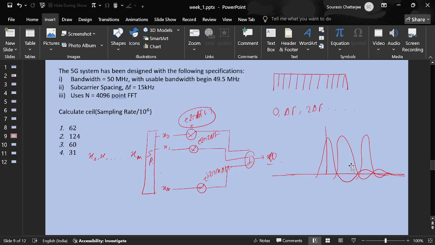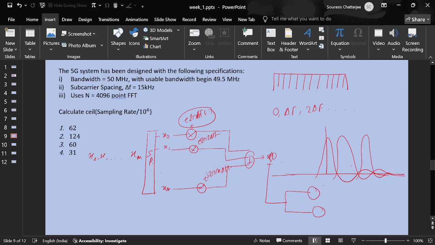And how do I retrieve them? For example, if there is no noise, I am just getting x(t) at the receiver side. Now x(t), what should I do with it? Multiply with the conjugate of all the exponential functions you multiplied.